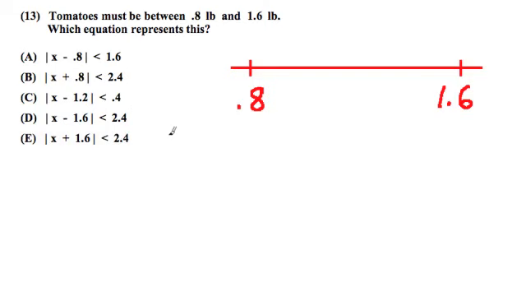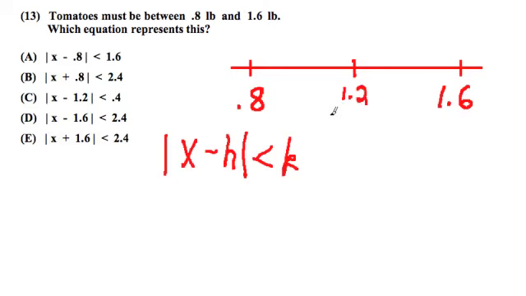Well, the general principle is you're looking for all points whose distance from the midpoint is less than a certain distance. So first you have to get the midpoint, which is by adding these, which is 2.4, and dividing by 2, which is 1.2. Okay, and then the distance is 0.4, just to make sure, check on this side.